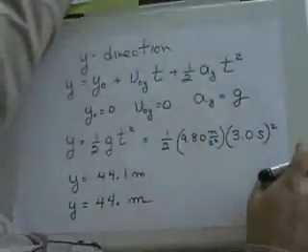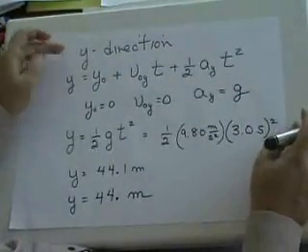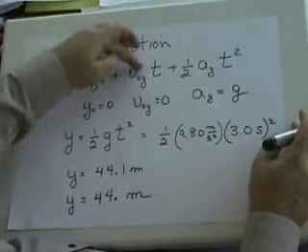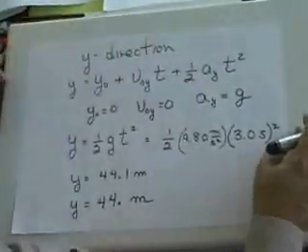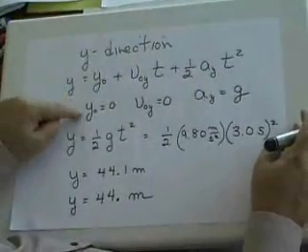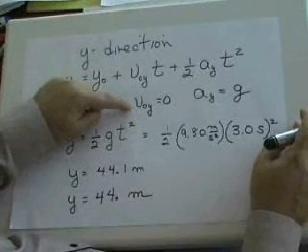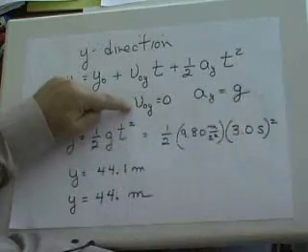Now we look at the y direction. y equals y naught plus v naught y t plus 1/2 a_y t squared. Now y naught is also equal to 0. v naught y is also equal to 0 because when they jumped off the cliff, they only had an x velocity.